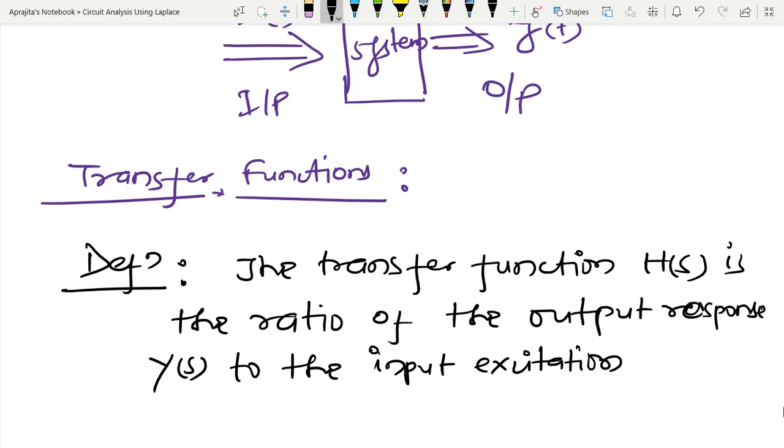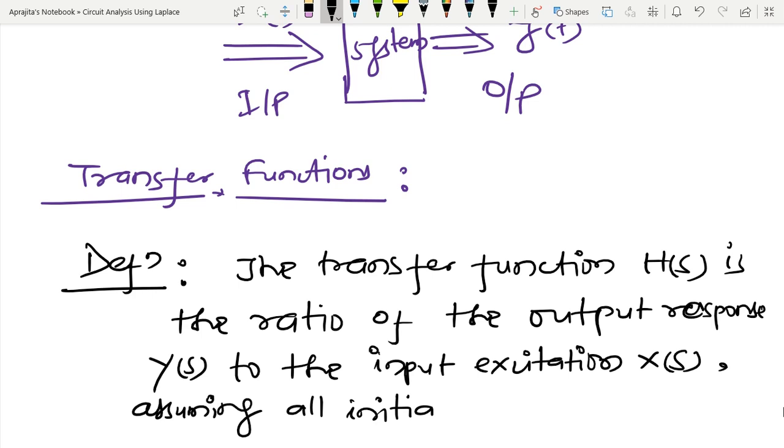and that input is x(t), so that is the Laplace transform of the input. And during this process I am going to assume all initial conditions are 0.